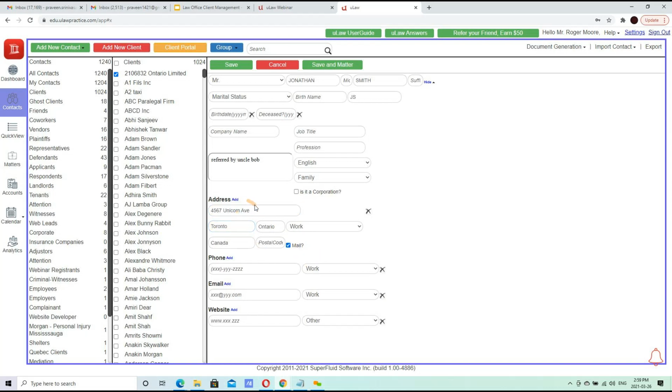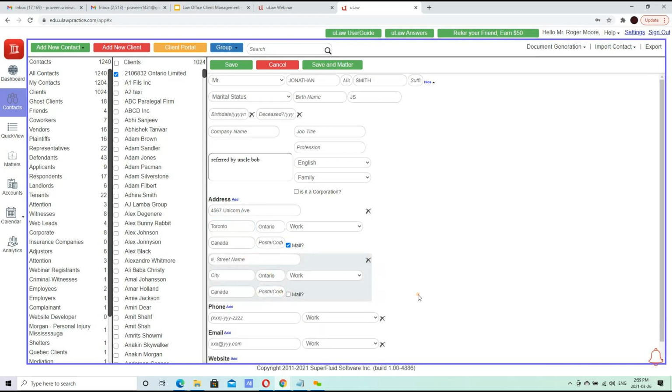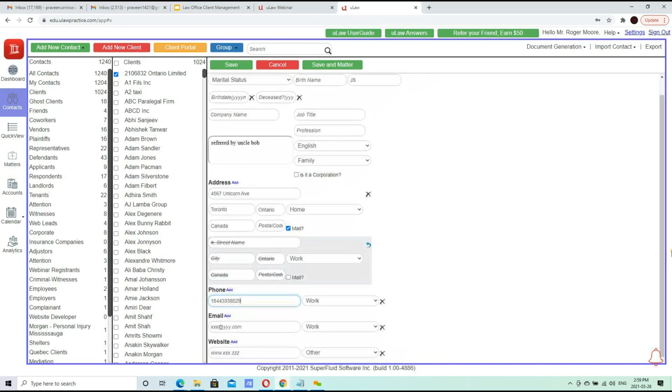Of course, there could be more than one, but only one of them would ideally be a mailing address to which correspondence is sent. You could have a home as well as a work address. Phone number. And an email if you're able to capture that at the time.